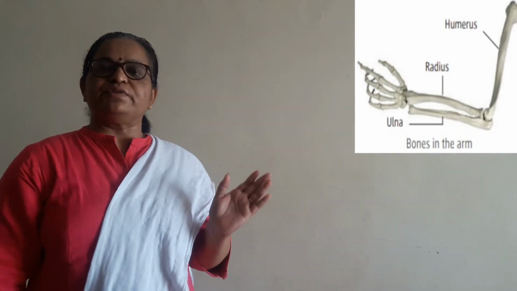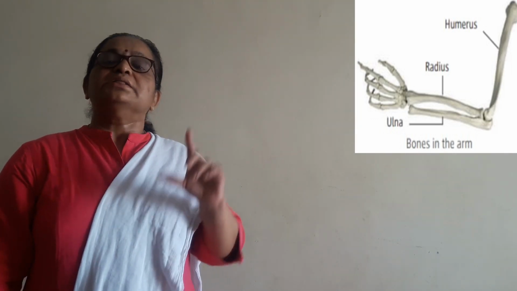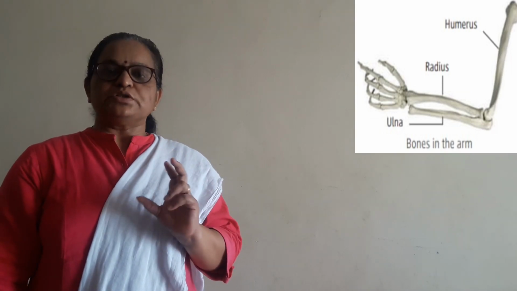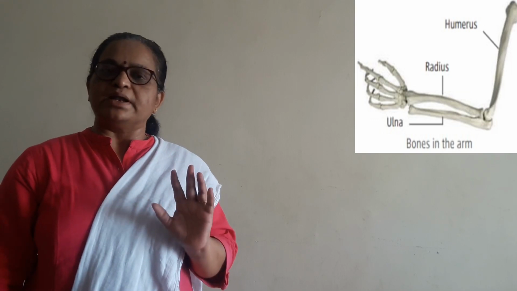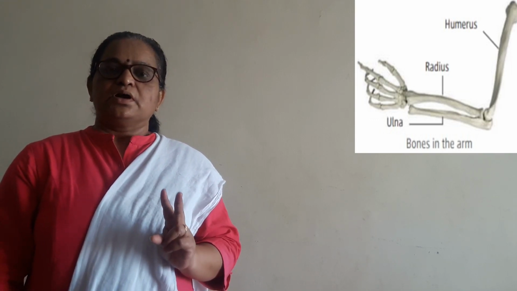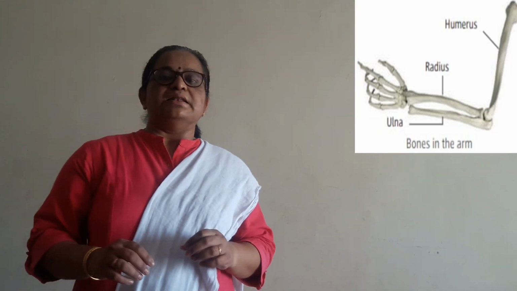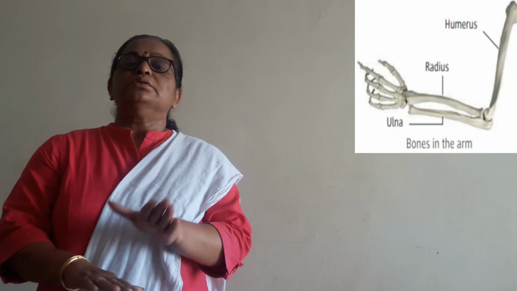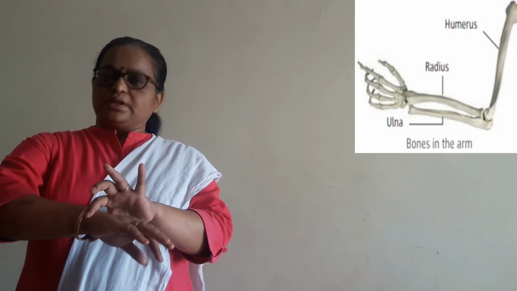You will see in this figure the forelimbs. Yes, in this figure there are three bones. In upper arm there is one bone called humerus, and in lower arm there are two bones called radius and ulna. This radius and ulna connect to this hand at wrist.